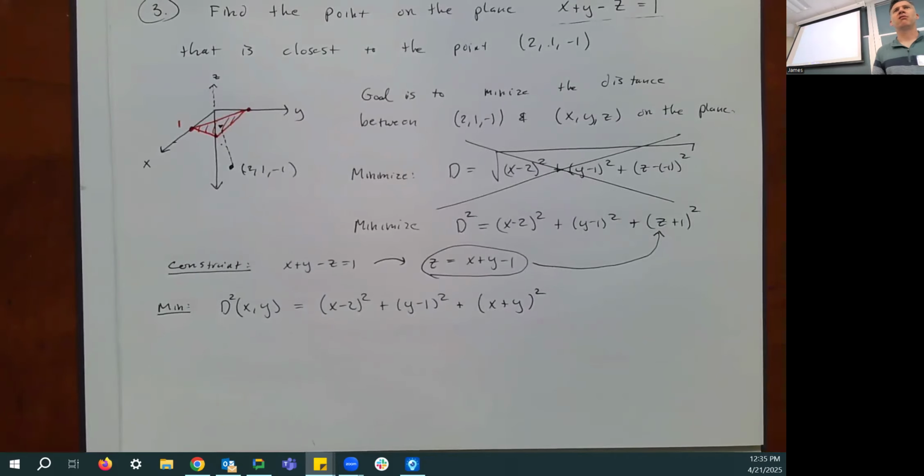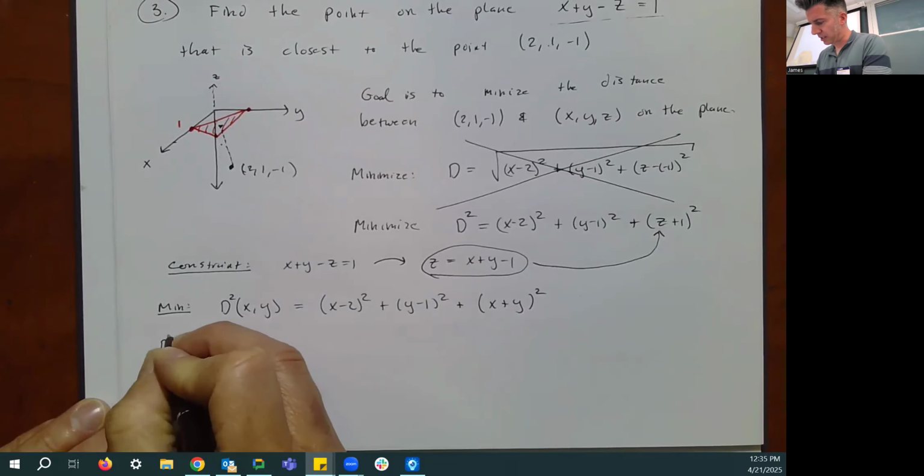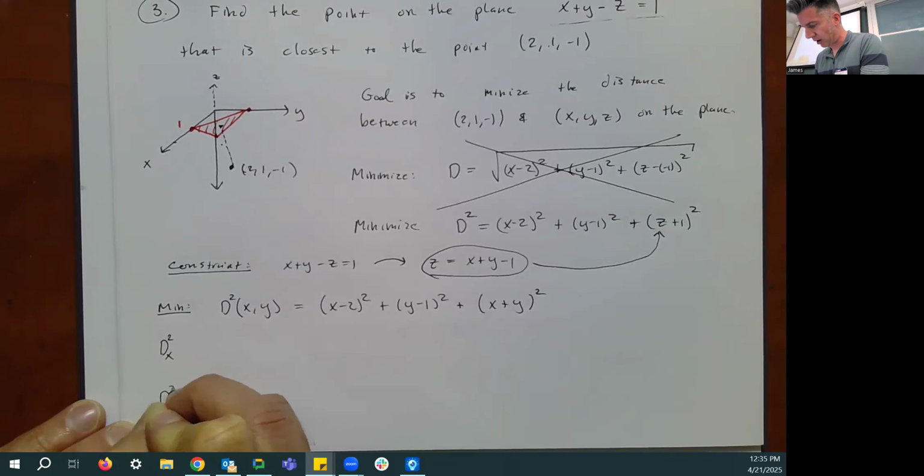Now what? We have the thing we're trying to minimize, a function of two variables. Yeah, with the partial derivatives. Right, you could write them kind of grossly as d squared x and d squared y.